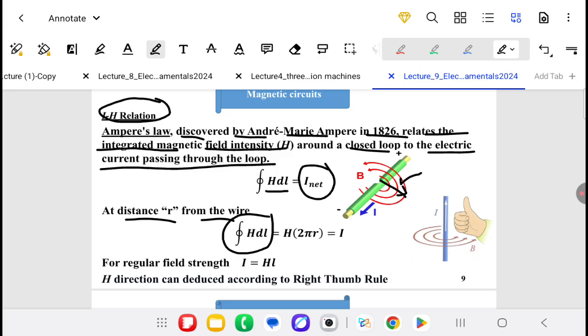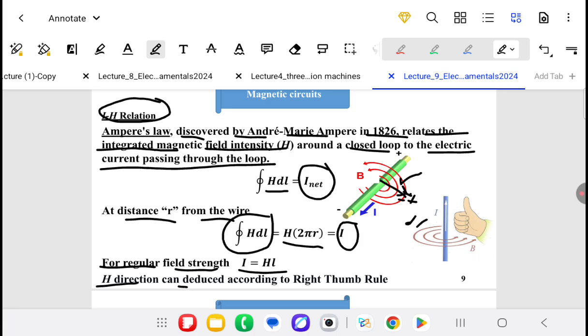The integration of dl, we have a small part dr. If we integrate over dr, we get 2 pi r, which is the circumference of the circle, and which is equal to the I net, which is the current of the wire, equals I. For regular field strength, I equals HL, where L is the length of the closed path.